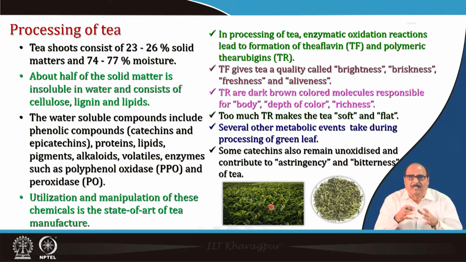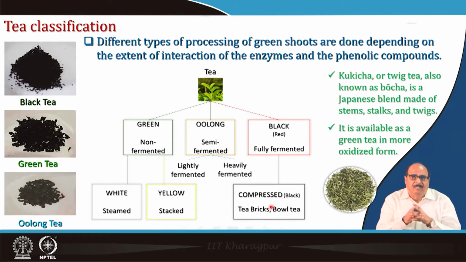Several other metabolic events take place during processing of green leaf, and some catechins also get oxidized, while some remain unoxidized, which contribute to the astringency and bitterness of the tea, and that is particularly true in the case of green tea.